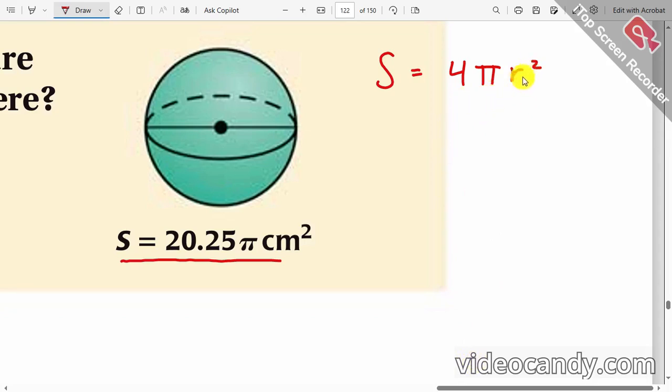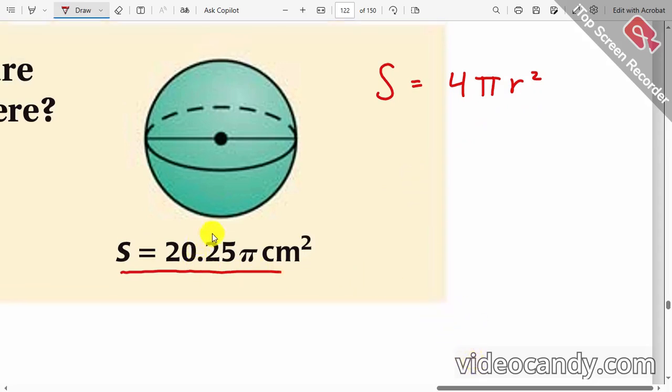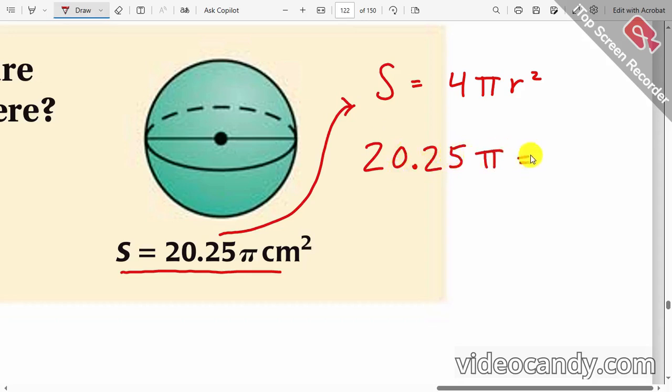If you wanted to solve for r squared, you could divide both sides by 4 pi. Anyhow, I'll just take what they gave us and plug that in place of S. So that's 20.25 pi, and that's going to equal 4 pi r squared.